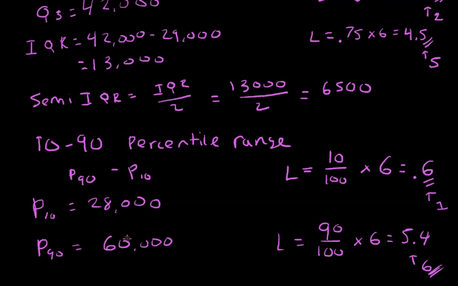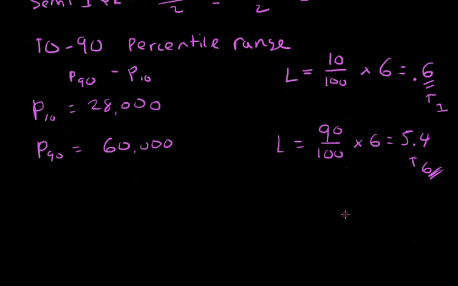Right. So actually, it turns out that the 10-90 percentile range for this data set is going to be the exact same thing as the range, because this is the min and this is the max. So I'm going to calculate basically the max minus the min. And that's just because this is a small data set. In larger data sets, the range and the 10-90 percentile range won't necessarily be the same. All right. So let's go ahead and calculate it.